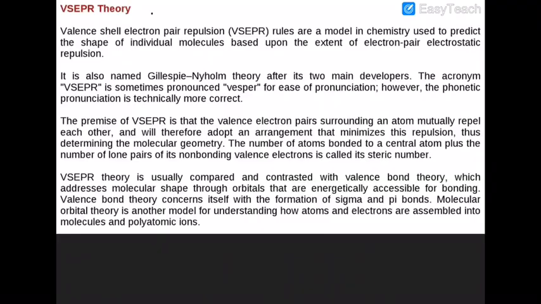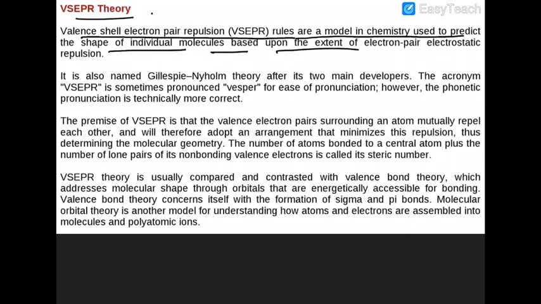Now we will go and discuss what? VSEPR theory. The valence shell electron pair repulsion theory is a model of chemistry used to predict the shape of the individual molecule based upon the extent of electron pair electrostatic repulsion.